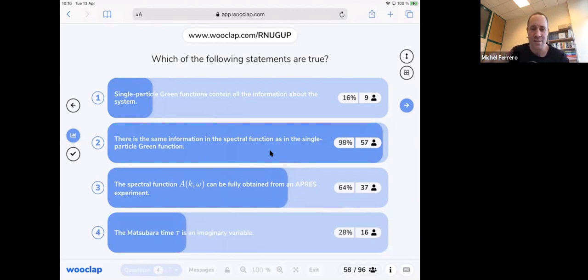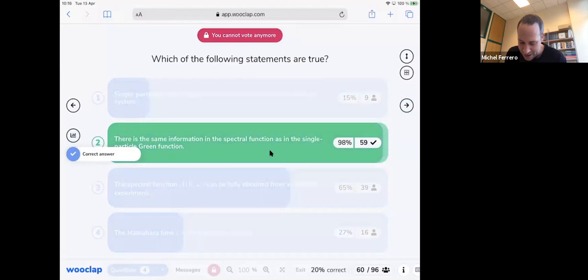For the last one, the Matsubara time, it's important that even though it's called an imaginary time, it's imaginary because we start from the real-time formalism and plug in an imaginary time. But after we do that, what we obtain for G of tau, it's important that tau is a real number. It's between 0 and beta. And the spectral function cannot fully be obtained by ARPES.